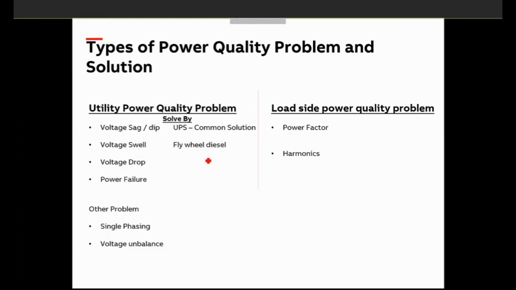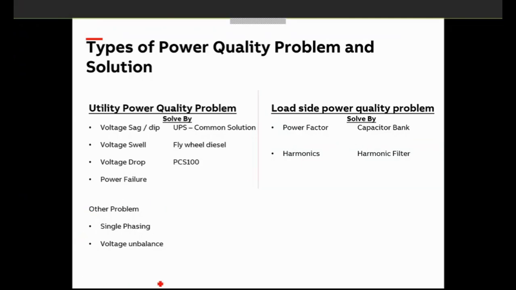But for ABB, we have a component which we call the power conditioning system, PCS 100. This is our platform. For the load side, we solve power factor with capacitor banks to increase our power factor, and harmonics with a harmonic filter.